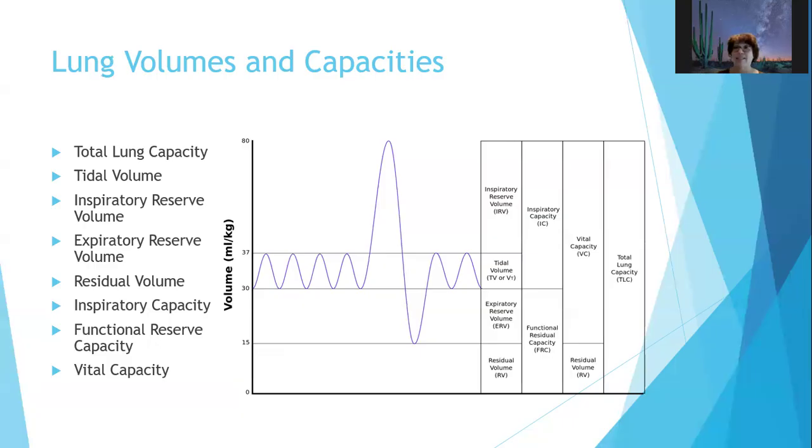That's called atelectasis. It's like the produce bags at the grocery store. You can't get them open, they're kind of stuck together. You don't want that to happen to your alveoli. Our vital capacity includes the inspiratory capacity and the expiratory reserve volume, which means a maximal inspiration plus a maximal expiration. If you add the residual volume to the vital capacity, that adds up to the total lung capacity.